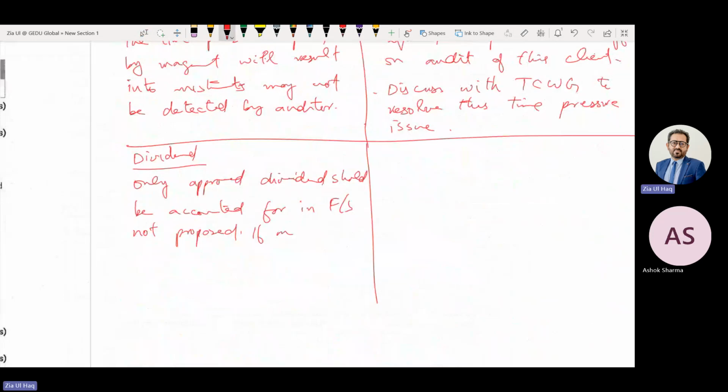If management records the proposed dividend in the financial statements, they could be misstated.